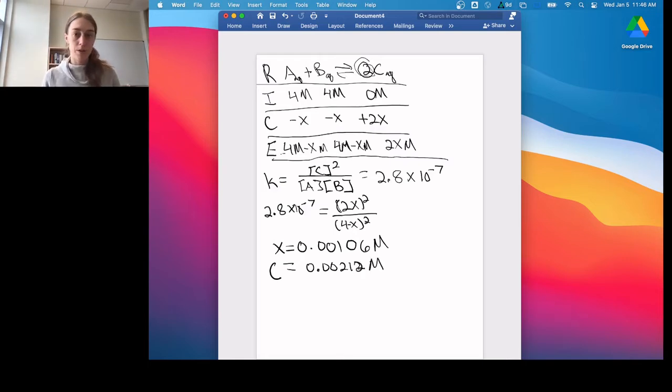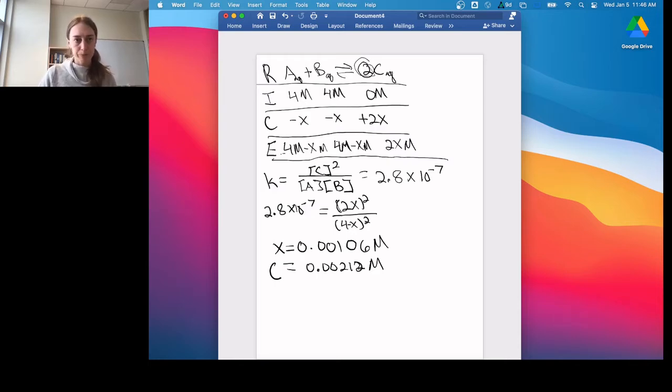So that is how you use an ICE table to determine your equilibrium concentrations of each substance. So that is one example, and I'm just going to do a couple more so you can keep watching. You can come back to this and play it whenever you need to.